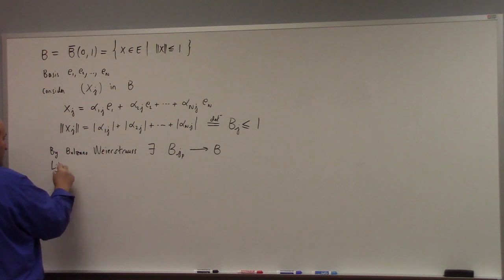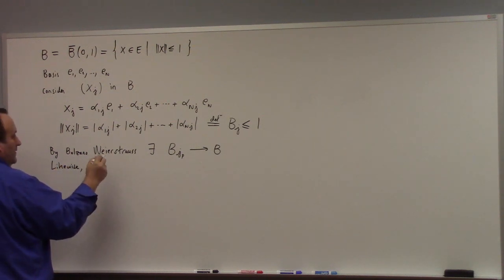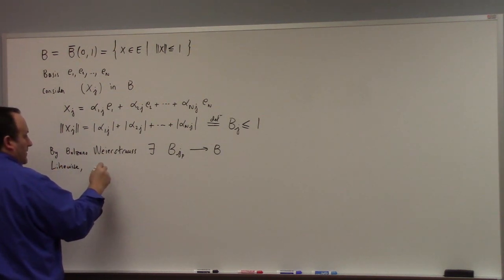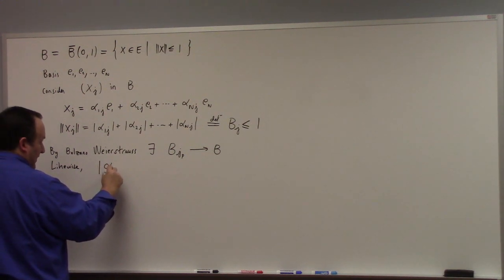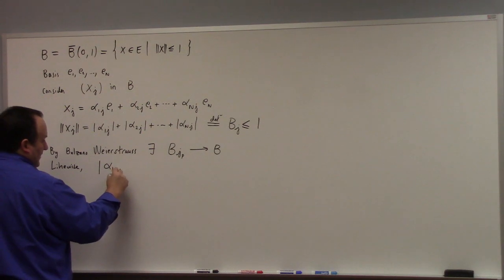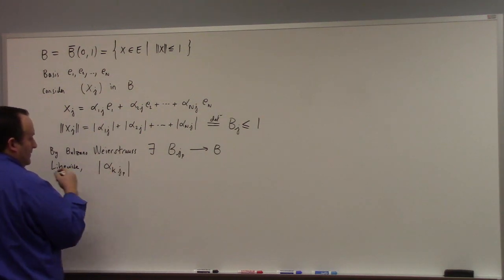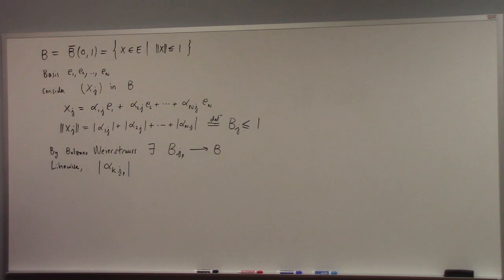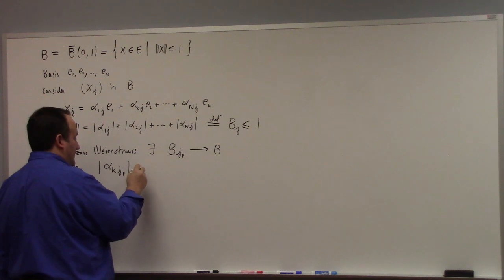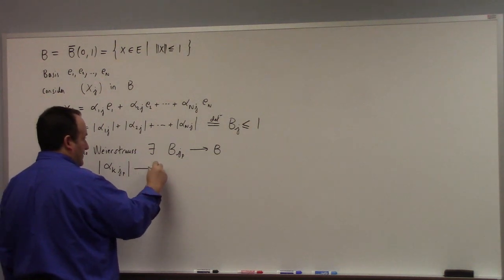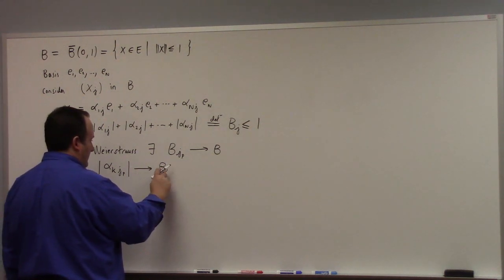Likewise, if we look at the absolute value of alpha k j p, this is also going to converge to some beta k.